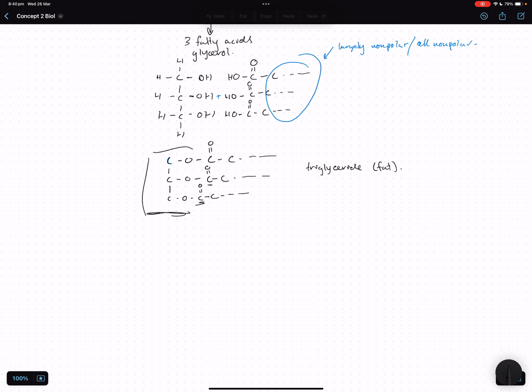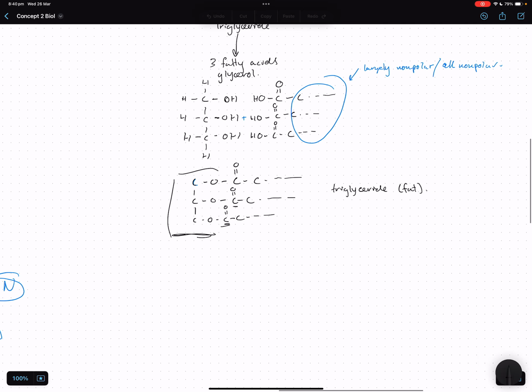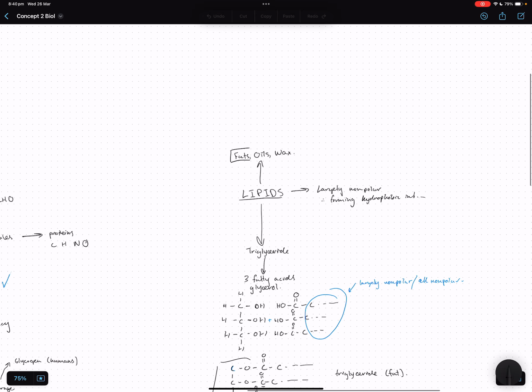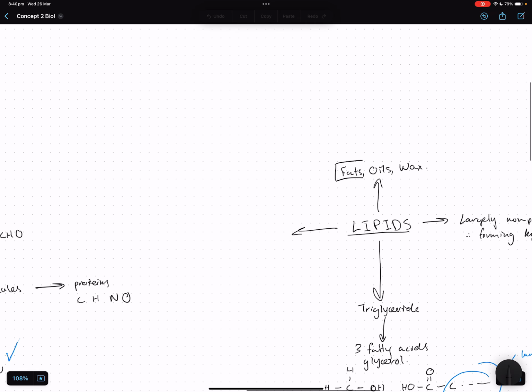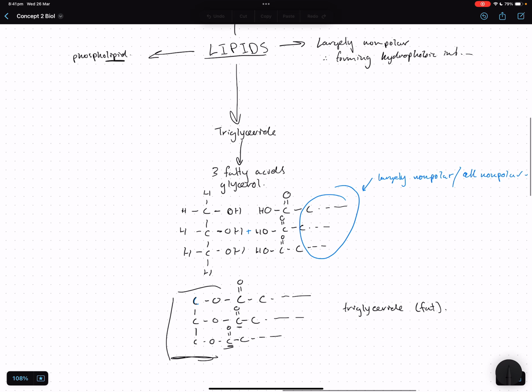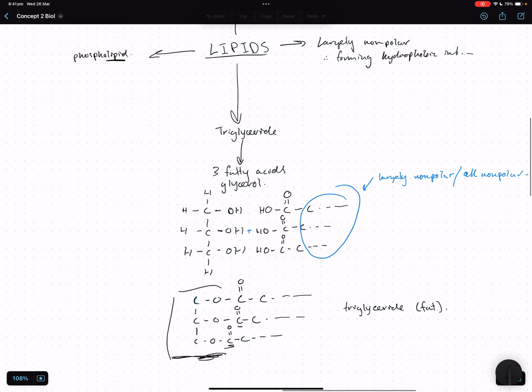Now there are certain types of lipids. It's very important in biology, this idea of a phospholipid. It's usually a glyceride, this sort of structure, except on one of the carbons it's bound to a phosphate group.